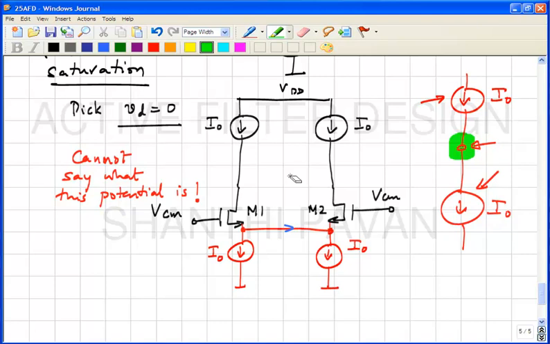You want the output common mode to be greater than VCM minus VT, so that M1 and M2 are both in saturation. However, at this point we have absolutely no clue what is happening, because we've chosen these two currents with the good intent of removing that I naught from the two currents of the differential pair.